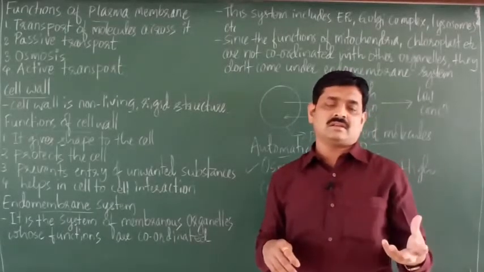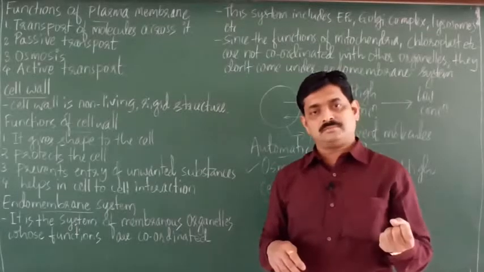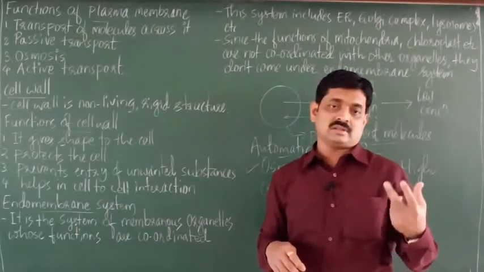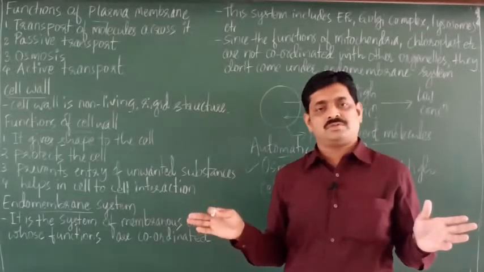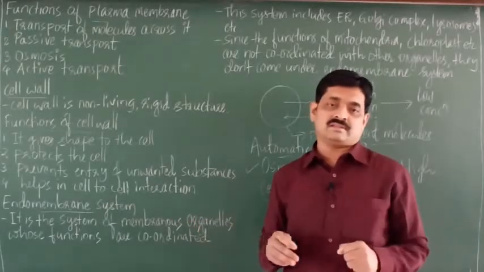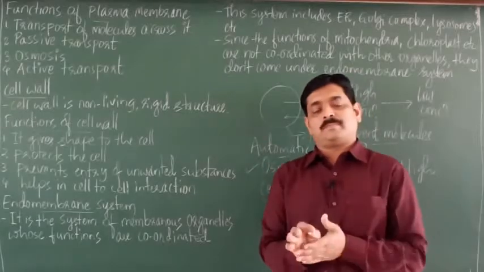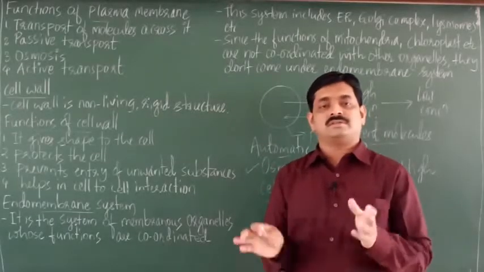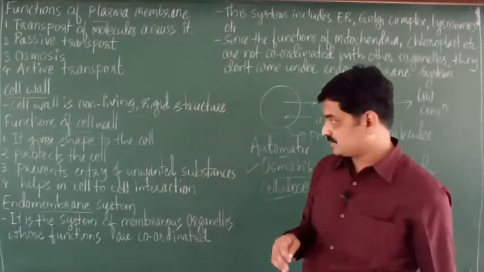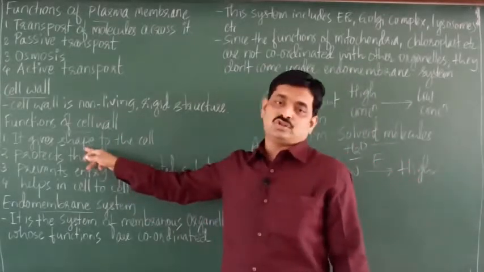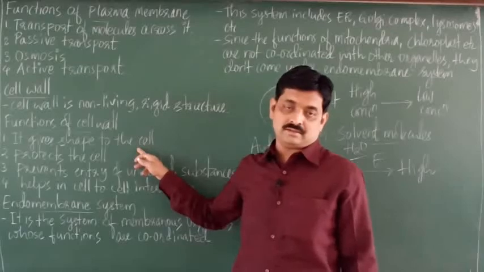Certain cells are circular or spherical, certain cells are elongated, right? So there are different shapes of plant cells. That particular shape is due to cellulose. So cellulose gives a particular shape to the cell.